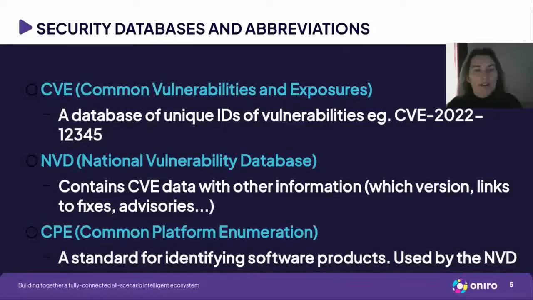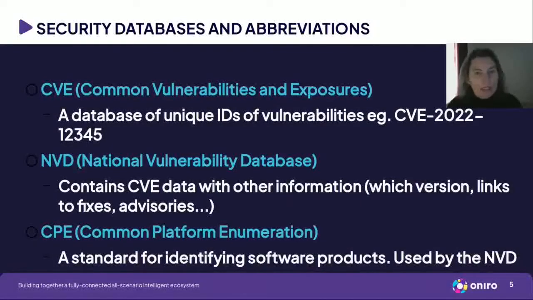Then we have NVD, the National Vulnerability Database, a database that contains the information, the IDs of CVEs, with some additional information like which version of the software is affected, where the fixes are, links to vendor information about the issue and the fixes, and all useful information related to that issue.